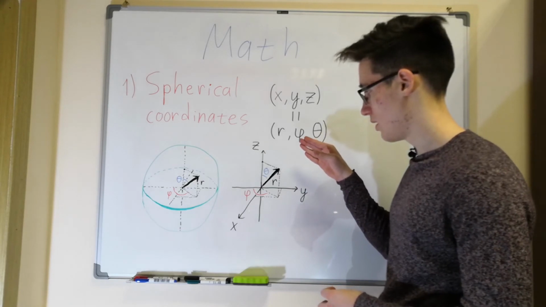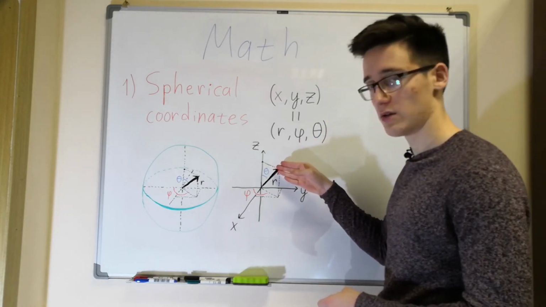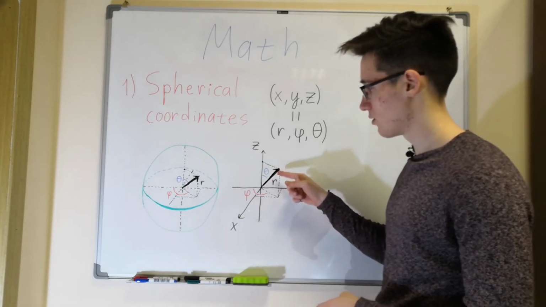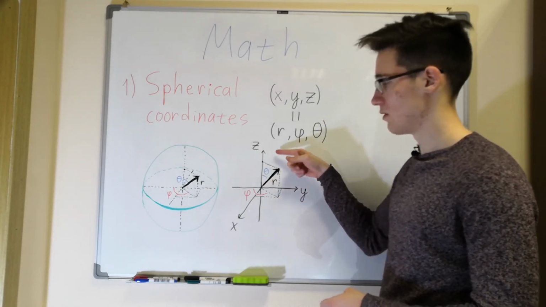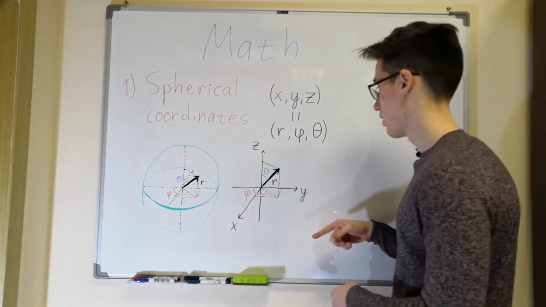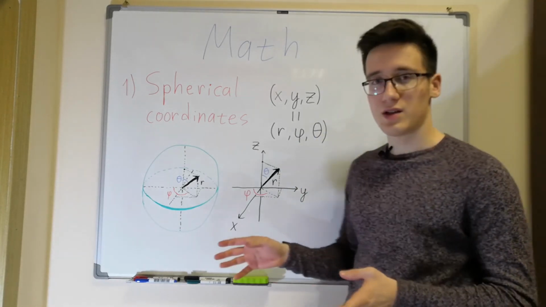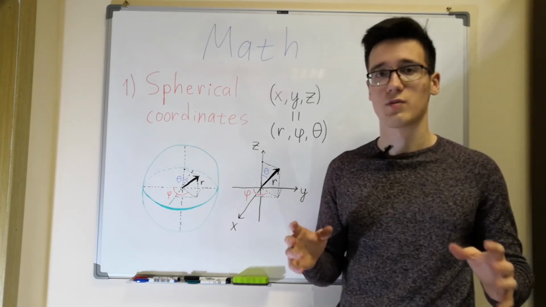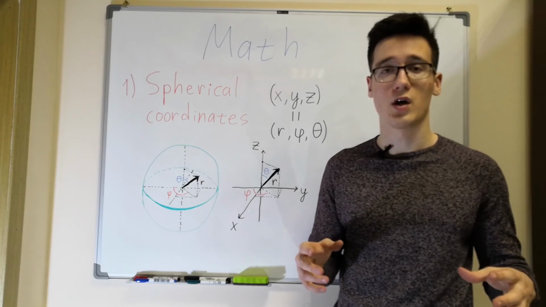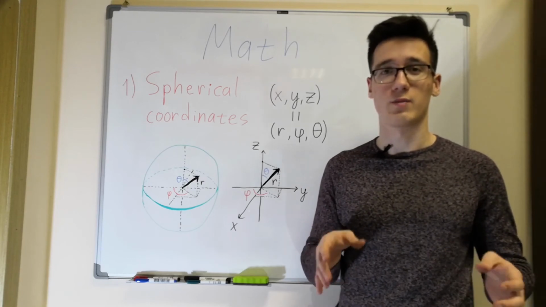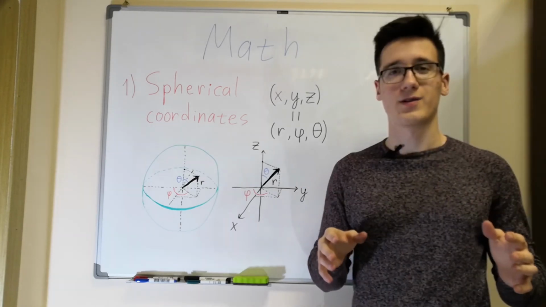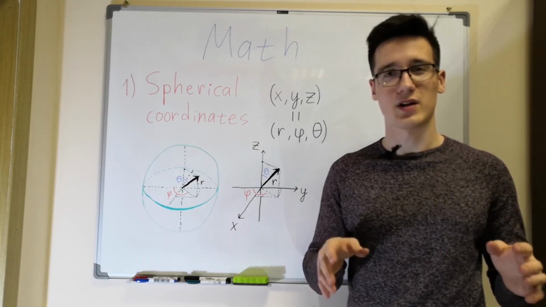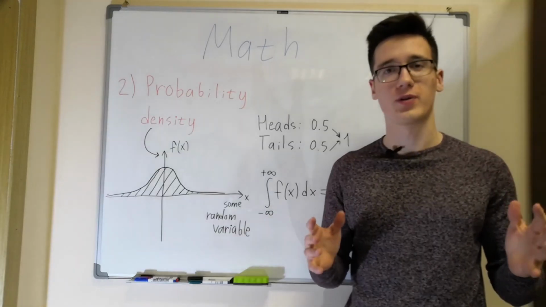And the theta angle specifies at which angle this vector is situated relative to the z-axis, okay? So this is basically it. We will be using those spherical coordinates when talking about electron density distribution, which will be described in the next lecture. And now let's turn to the last, but certainly not least, aspect of math, which is probability density.